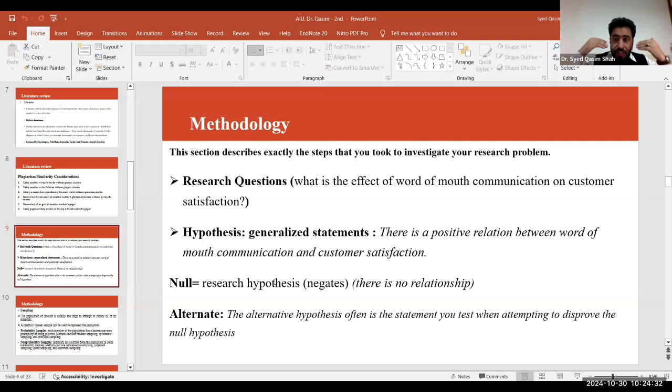So before testing, we negate whatever we are testing, since we don't want to establish a very exact relationship. So that's why usually we have a null hypothesis, where we assume there is no relationship, and then we test, and then we come up with a conclusion that either a relationship exists or it doesn't. We also have an alternate hypothesis that is opposite to our null hypothesis, right?